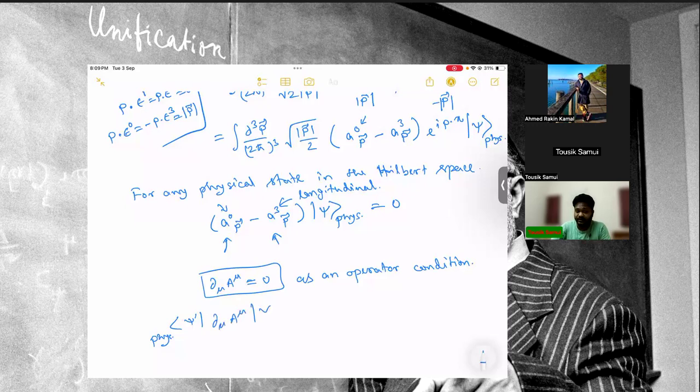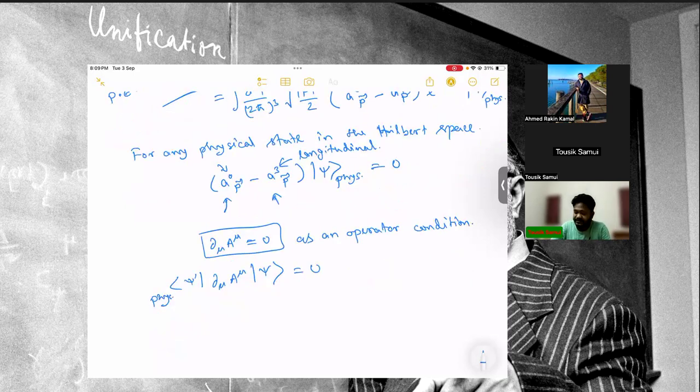Even if it is not put as an operator condition or in the field condition, when we insert the Hilbert space this can be seen very easily in the physical Hilbert space. So this is del mu A mu minus plus del mu A mu plus acting on psi physical.